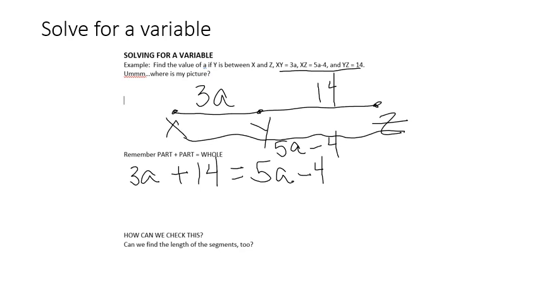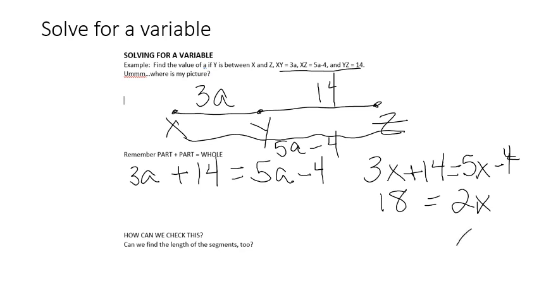And when we solve that, we can put that in the Desmos calculator with the x's to solve it if you prefer. I'm going to solve it by hand. And x equals 9. So we've solved for the variable.